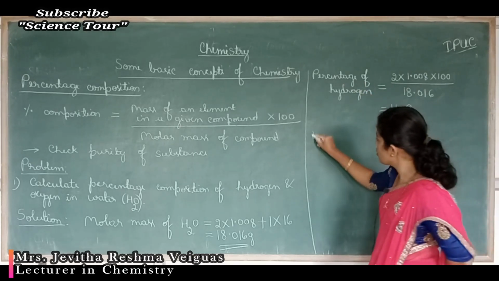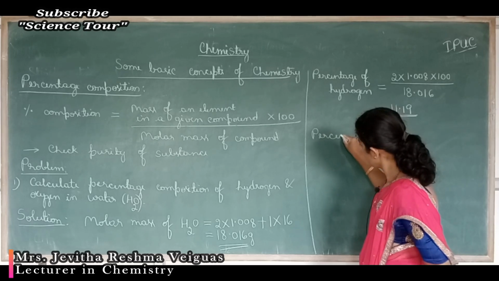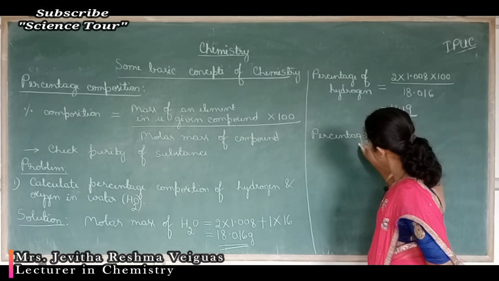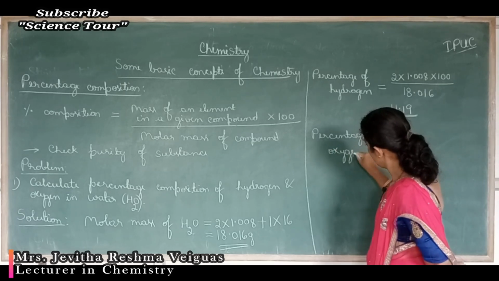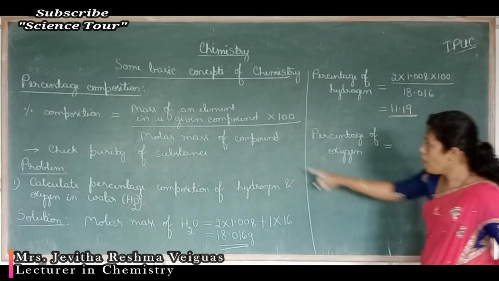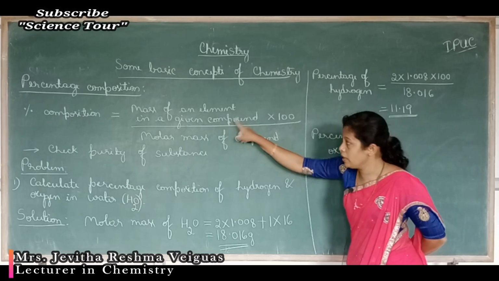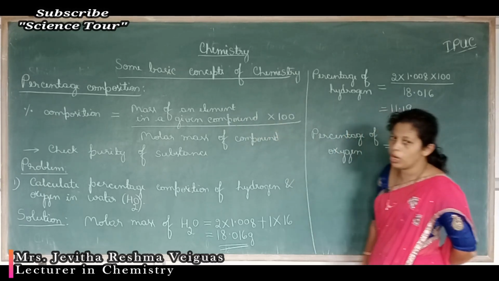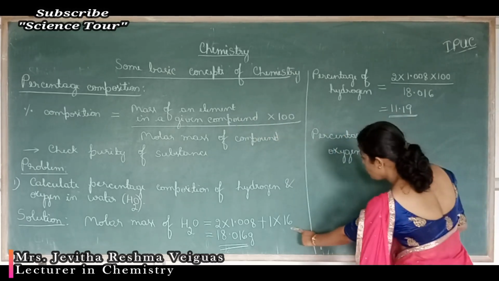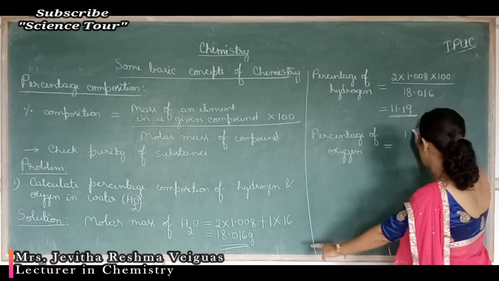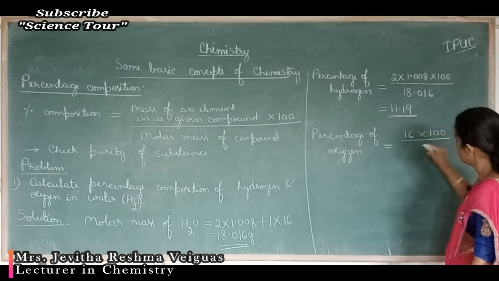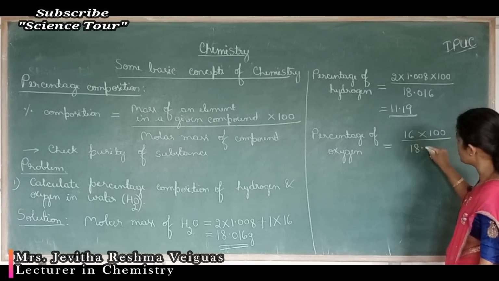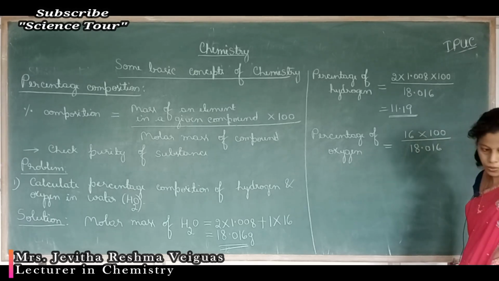Now the percentage of oxygen. It is mass of oxygen in the given compound into 100 divided by molar mass. Mass of oxygen is 16, into 100 divided by the molar mass of water, that is 18.016.